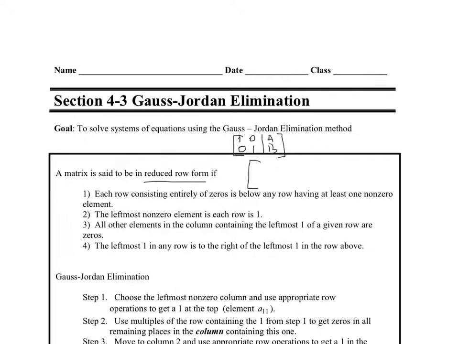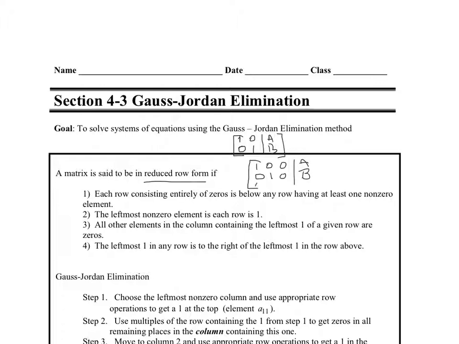So if we were looking for reduced row form for a system of 3 equations with 3 variables, our top row would be 1, 0, 0, and then to the right of the vertical line is the answer for the x value. Middle row would be 0, 1, 0, and then we'd see the answer for the y.